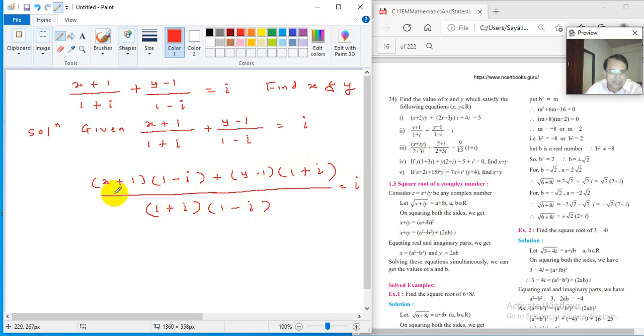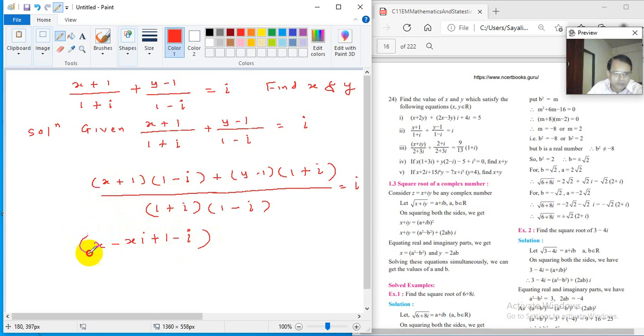Now see what can be done: x plus 1 into 1 minus i, you can multiply this. So that gives you x into 1, x into minus i, so minus xi, then 1 into 1 is 1 and 1 into minus i is minus i.